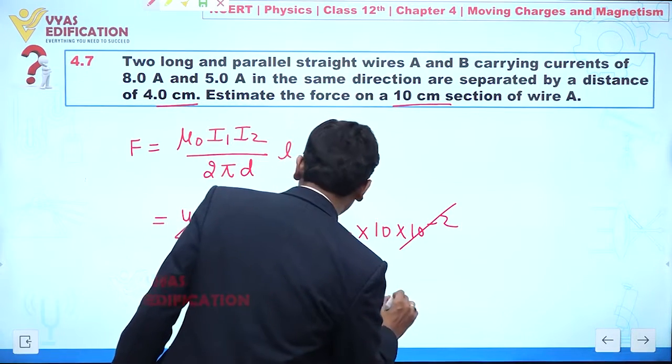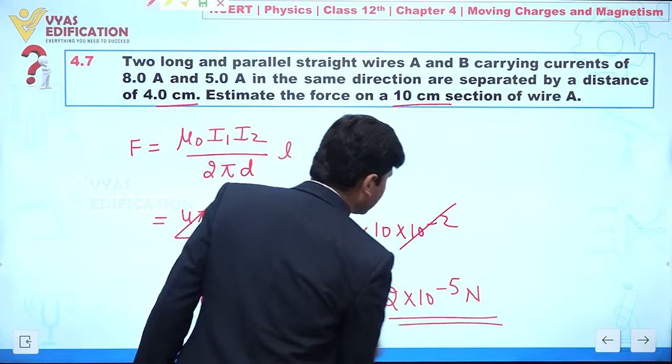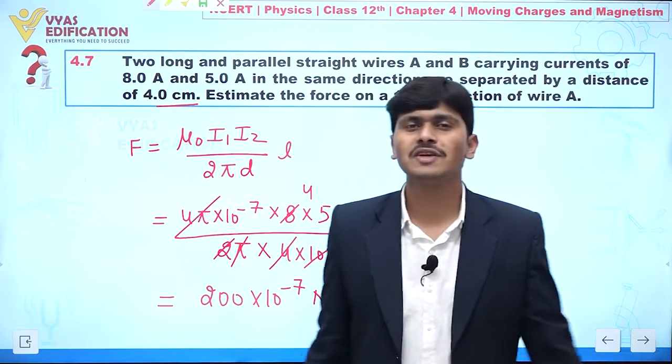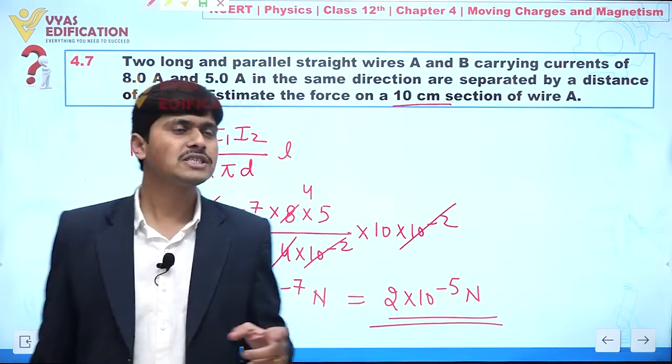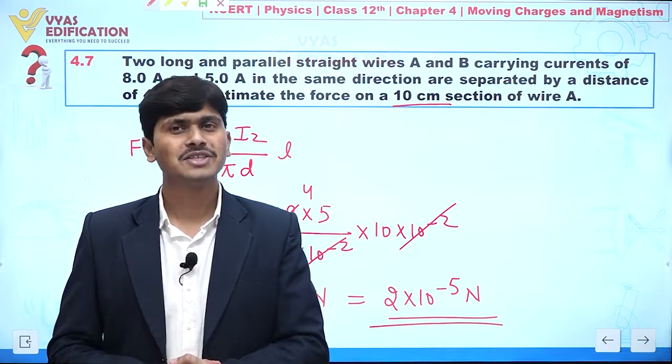So what is our correct answer? The correct answer is 2 into 10 to the power minus 5 Newton. This is the attractive force acting between these two wires. So this is the magnitude, and like this you can calculate the answer of this question.